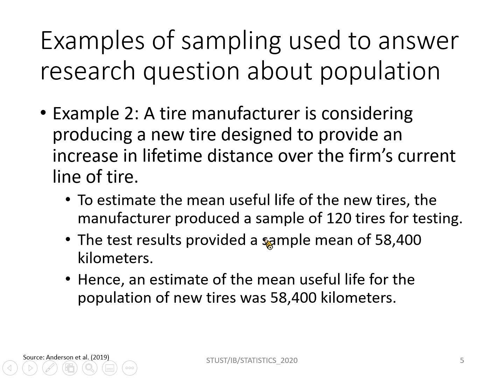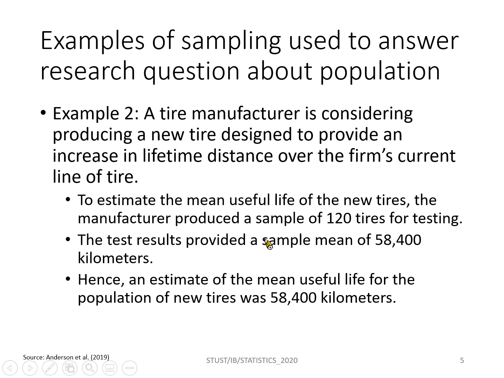And example two is a tire manufacturer that is considering producing a new tire designed to provide an increase in lifetime distance over the current line of the tire. In order to estimate the mean useful life of the new tires, the manufacturer produces a sample of 120 tires for testing.